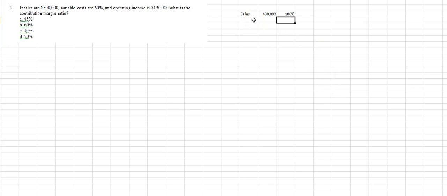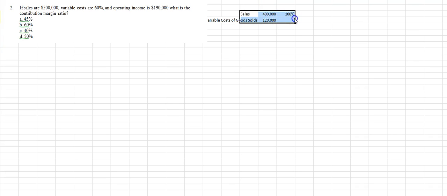So what's the next thing we're going to do? We're going to subtract variable cost of goods sold from that. Let me just make up any number, just to show you the format: 120,000.